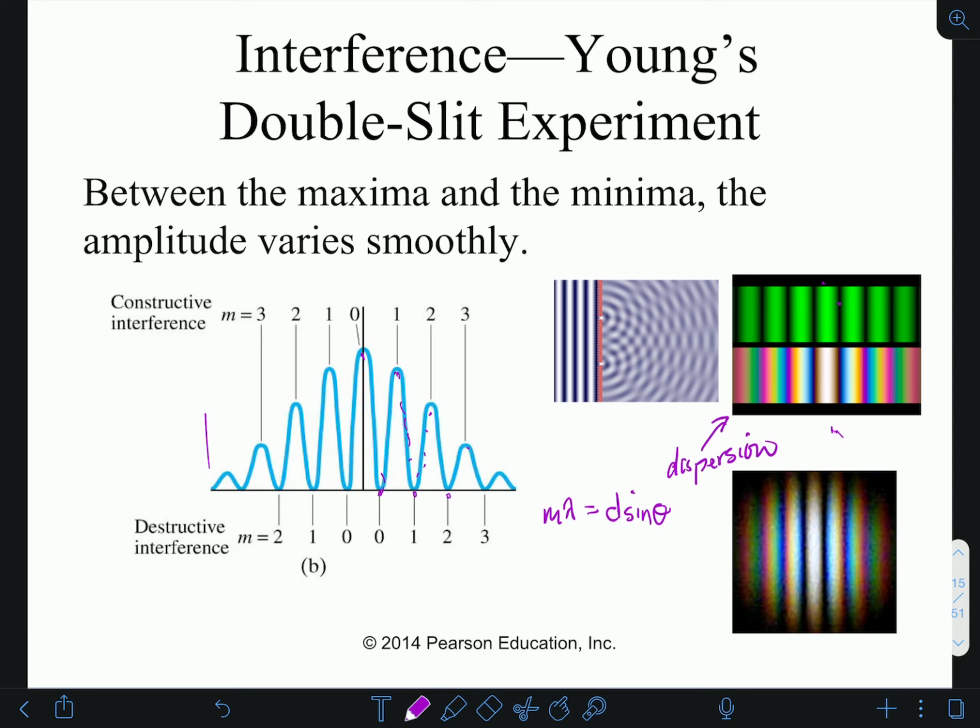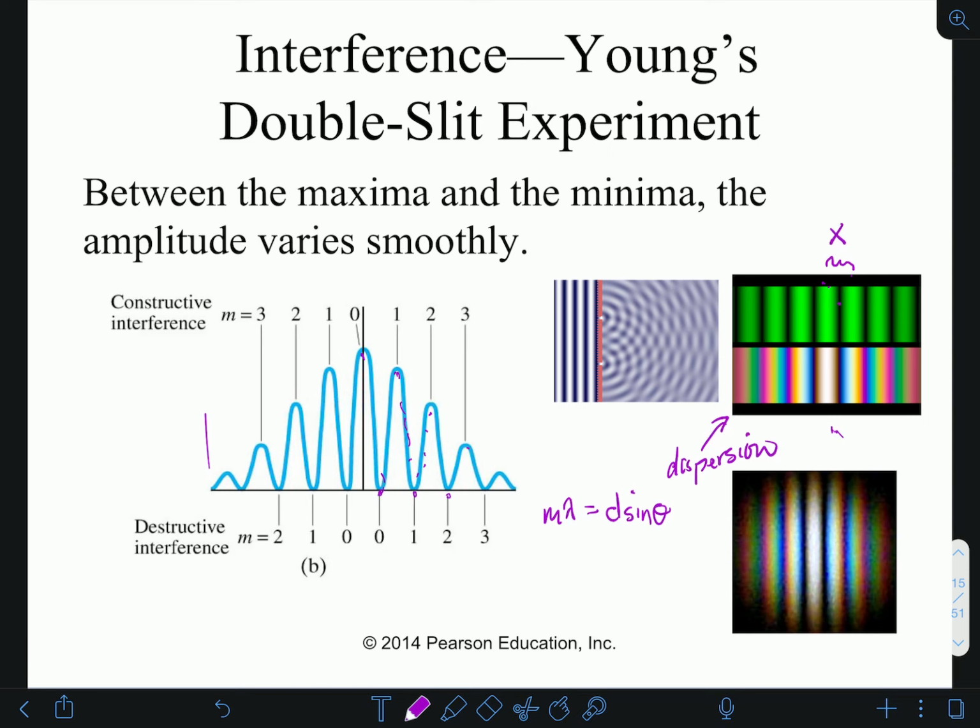So how do we relate that to what we actually measure on the screen? Well, what we're actually measuring on the screen is distances. So say here to the first bright maximum, we're going to measure this distance x.